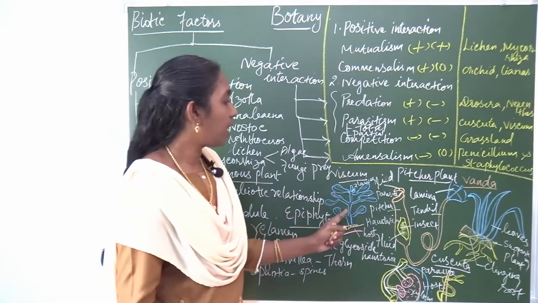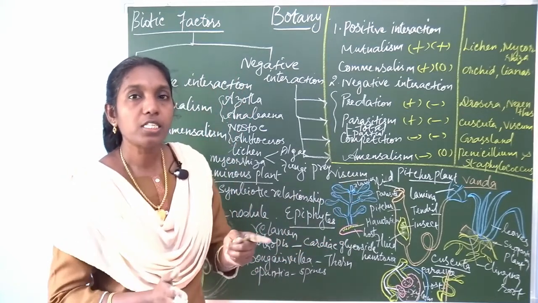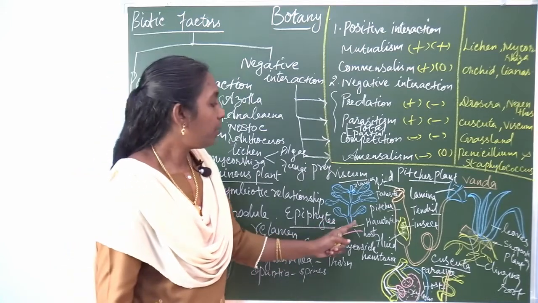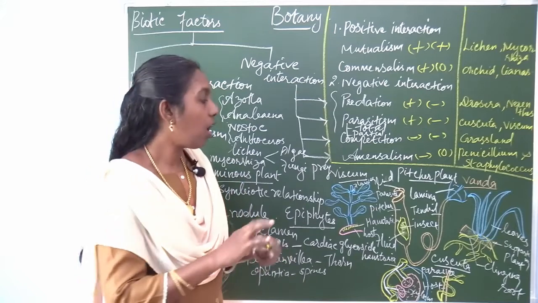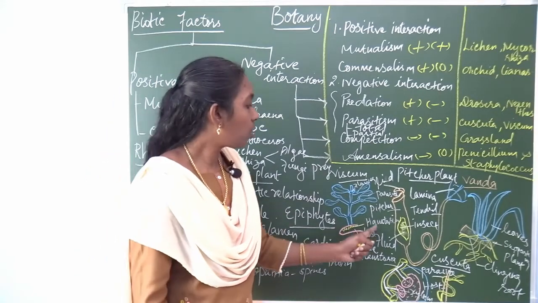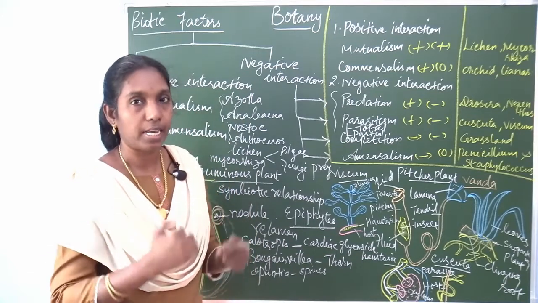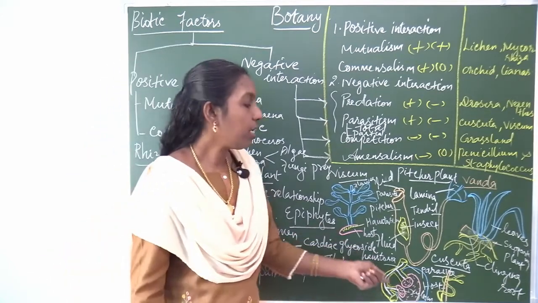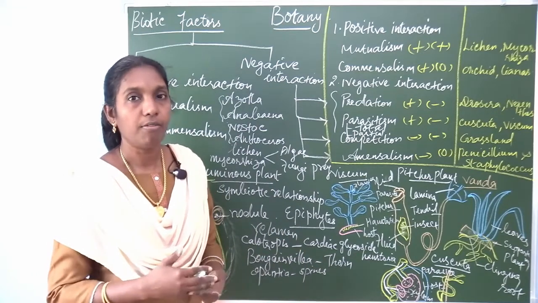In another part it has the ability to synthesize its food. So partial parasite, example Viscum. These parasitic organisms produce haustorial roots. The root is called haustoria. Through the haustoria, it penetrates into the host and takes food and water from the vascular tissue. What are the vascular tissues? Xylem and phloem.